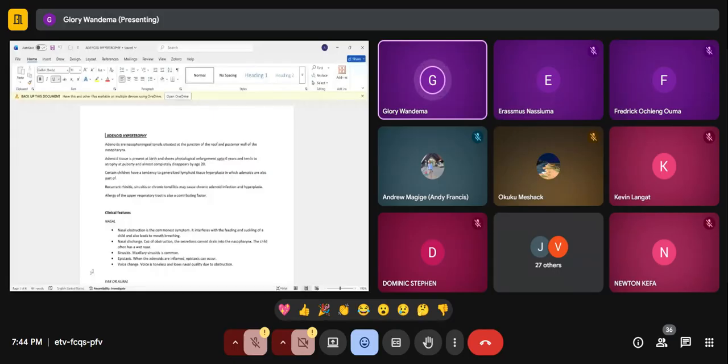Then they'll come with snoring. Because our nose is obstructed, they'll have snoring, and then they also have nasal discharge. Because of the obstruction, the secretions cannot drain into the nasopharynx, so it is draining out. So nasal obstruction and snoring are the most common symptoms.